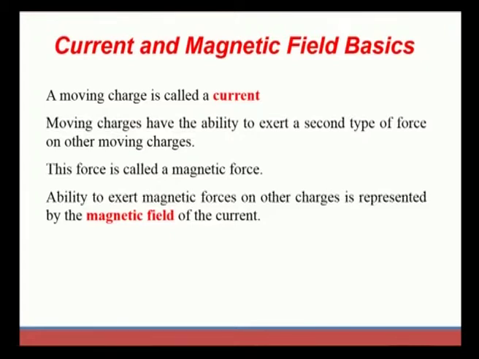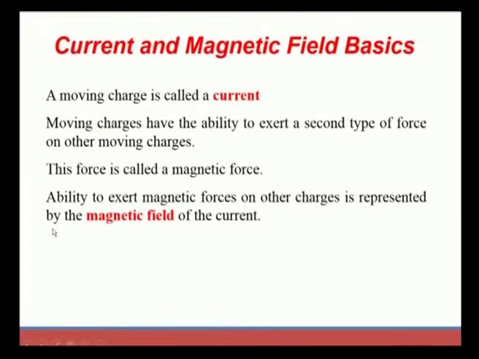Whenever a moving charge exerts a type of force on a second charge, it is called magnetic force, and this ability to exert magnetic forces on other charges is represented by the magnetic field of the current. So, the moving charge constitutes a current.